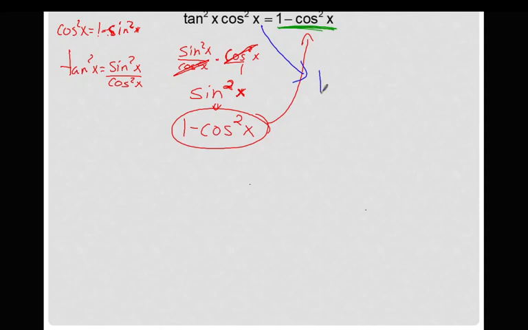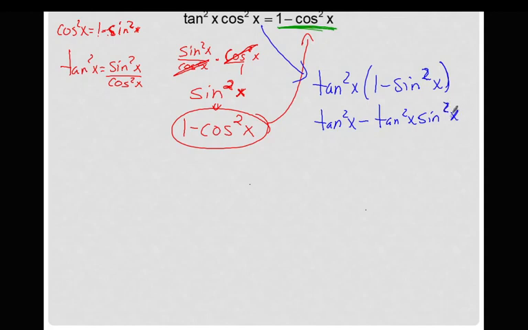I could have changed this to tangent squared x times 1 minus sine squared x, like that. And then I would have gotten tangent squared x minus tangent squared x times sine squared x, like that.